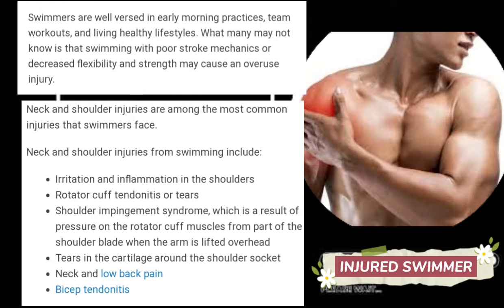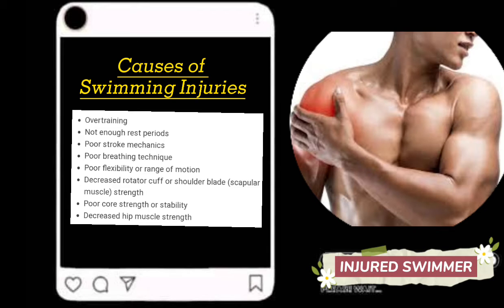It includes irritation and inflammation in the shoulders, rotator cuff tendonitis or tears, and shoulder impingement syndrome, which is a result of pressure on the rotator cuff muscles from part of the shoulder blade with the arms lifted overhead, and many more.